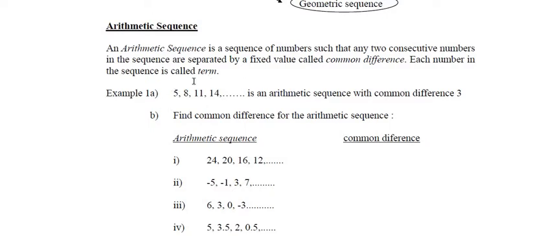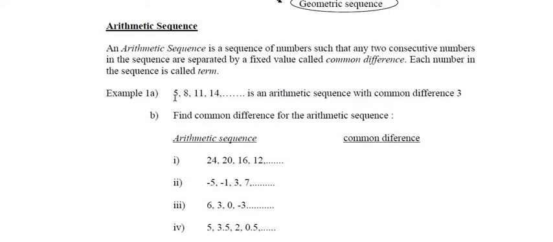Okay, let's look at the first example of arithmetic sequence. Okay, 5, 8, 11, 14. Okay, 5 is the first term. 8, second term. 11, third term. And 14 is the fourth term.